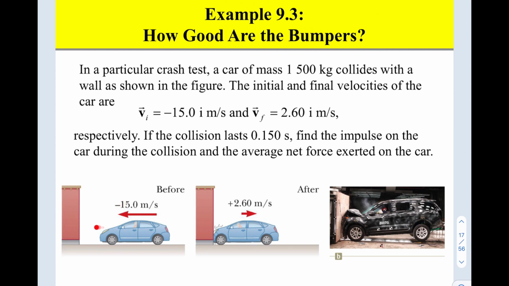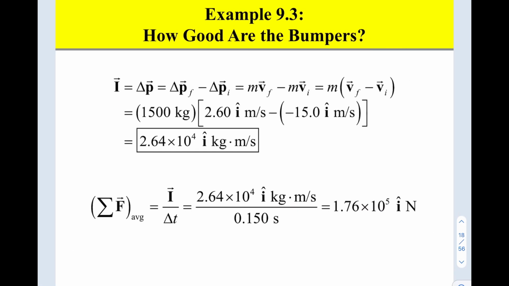What does negative mean? It's to the left, and positive is to the right. This is a real physical diagram of it. So impulse is equivalent to change in momentum, which is momentum final minus momentum initial. There is no delta here. m v final minus m v initial, so it's equivalent to m delta v.